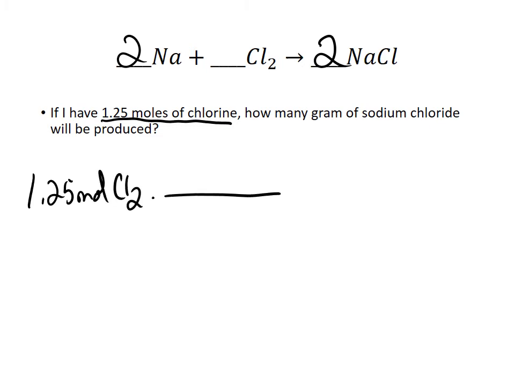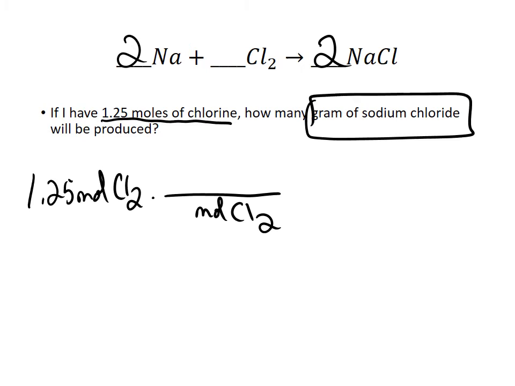Okay. And moles of chlorine is on top, so moles of chlorine has to go on bottom. And then I'm going to grams of sodium chloride. So remember though, something on the top and the bottom has to be the same, so it has to be moles. And anytime I'm going from moles to moles, I use these coefficients. So this one would be a 2, and this one would be a 1.